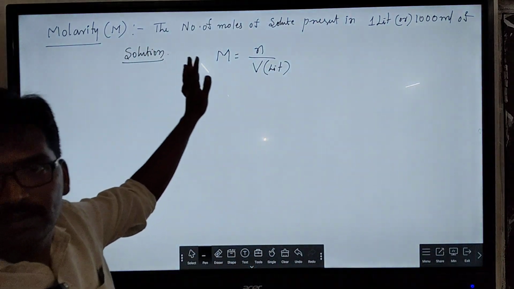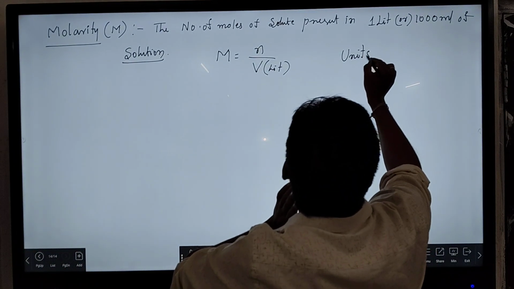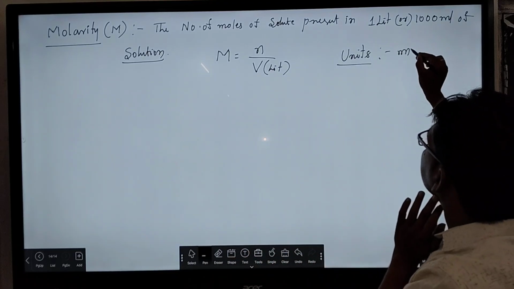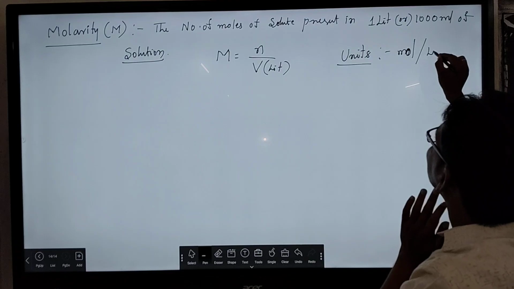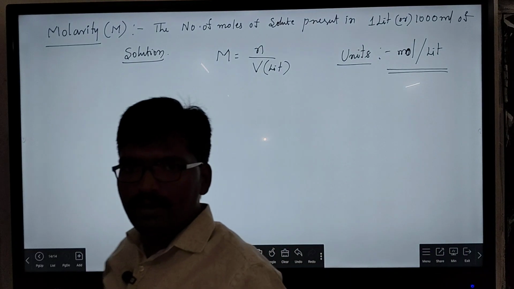Based on this formula, you can write the units also. The units are mole per liter. These are the molarity units. Clear?